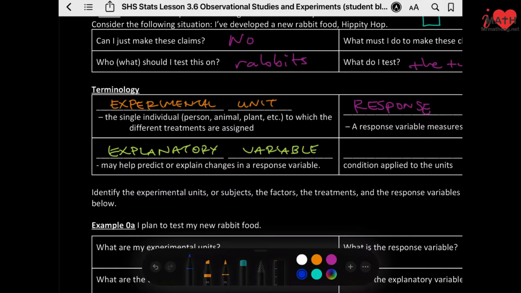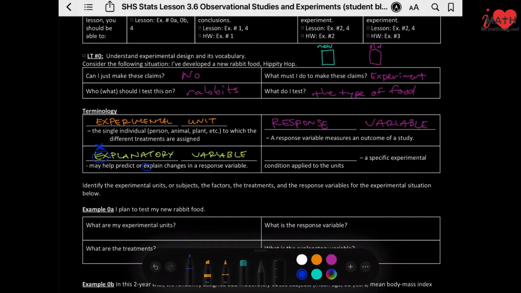Do you guys remember this one? This one may help predict or explain. That was our X, and the response was the Y variable. Does X cause the Y? And the last one, a treatment, is a specific experimental condition applied to the unit.